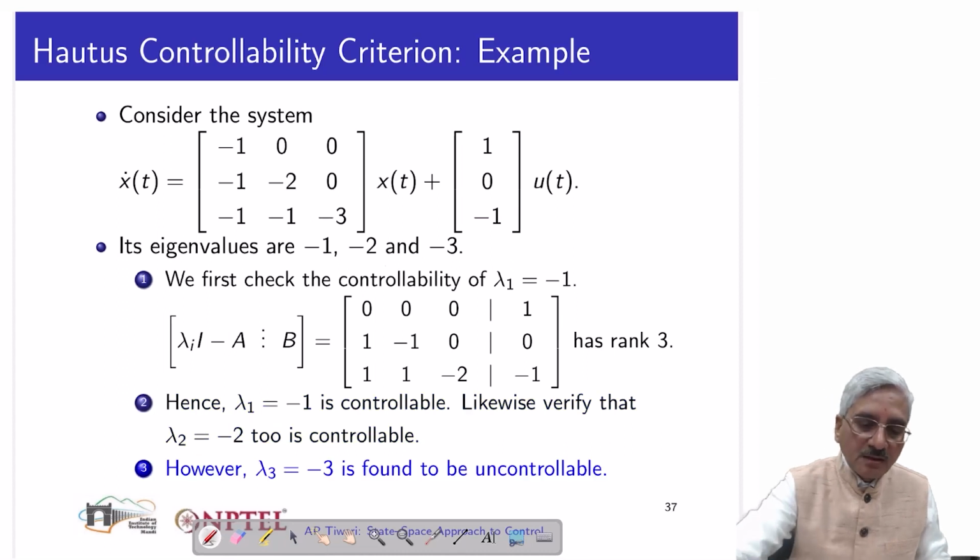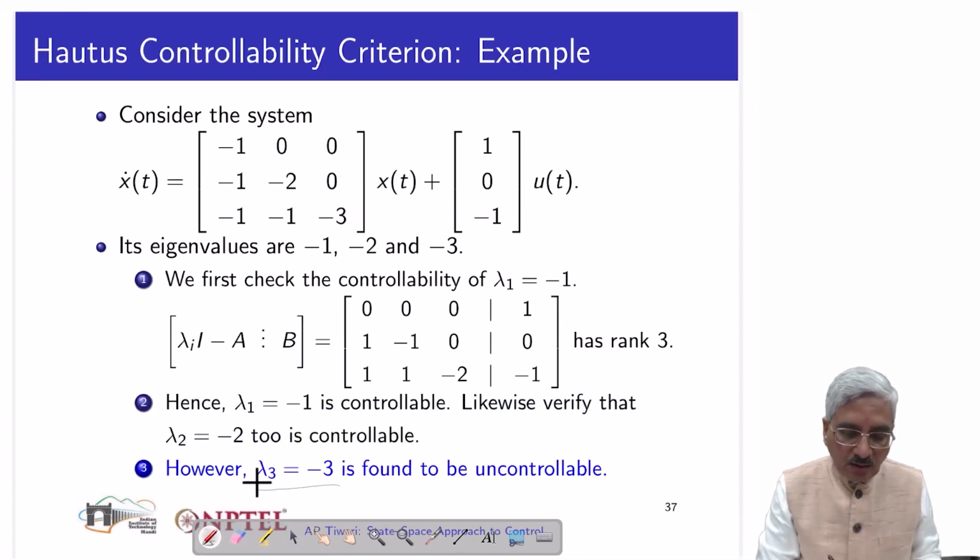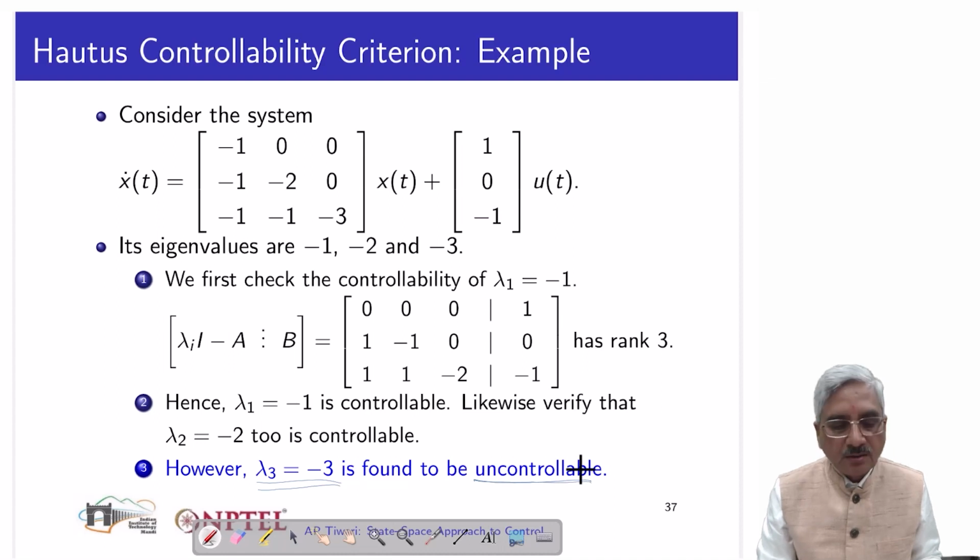We check for the third eigenvalue lambda 3 equal to -3, and we will find that this eigenvalue comes to be uncontrollable. So because 2 of the 3 eigenvalues are controllable, this system is uncontrollable. One eigenvalue is not controllable, so this system is uncontrollable. That is the conclusion.